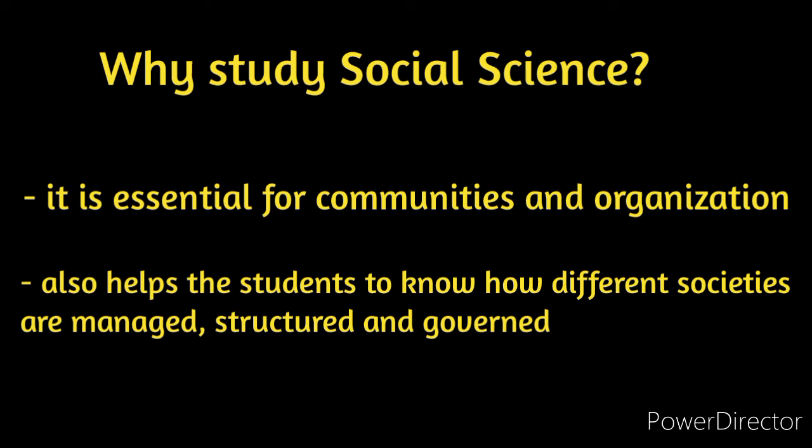It also helps the students to know how different societies are managed, structured, and governed. Studying social sciences is very important to us as students because it gives explanation about the history and the significant happenings in our society.